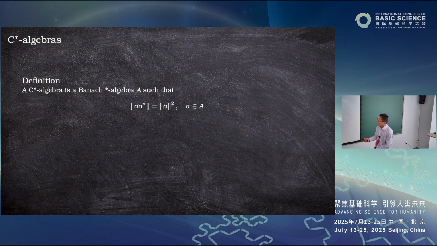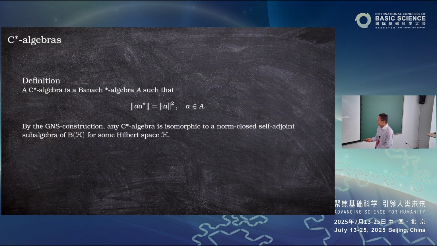And it turns out that those are basically all the C-star algebras. So any C-star algebra defined abstractly in this way is actually isomorphic to some norm-closed self-adjoint subalgebra of B(H), the algebra of bounded linear operators acting on some Hilbert space.